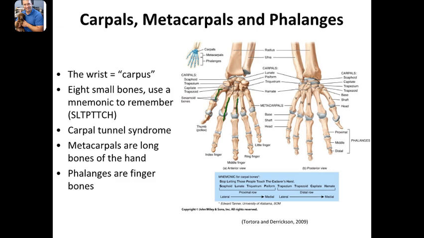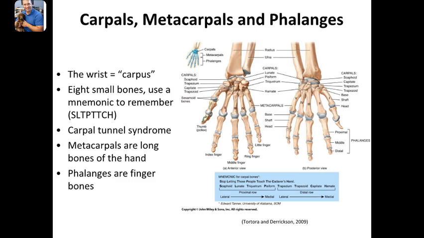The phalanges are the fingers. They attach from the metacarpals. And there are proximal, middle, and distal phalanges, so it's important to know the difference between them.